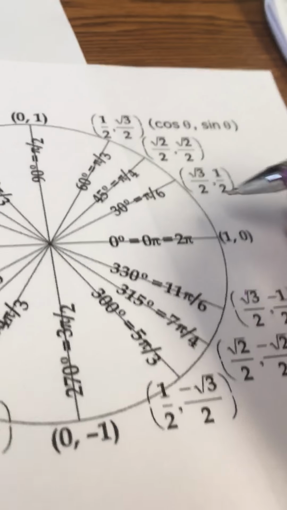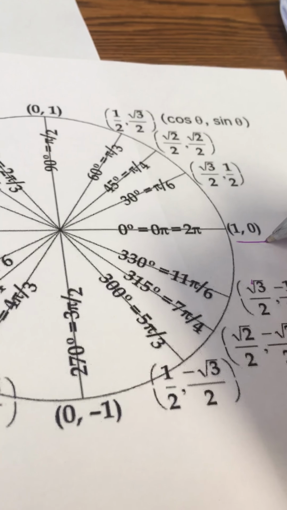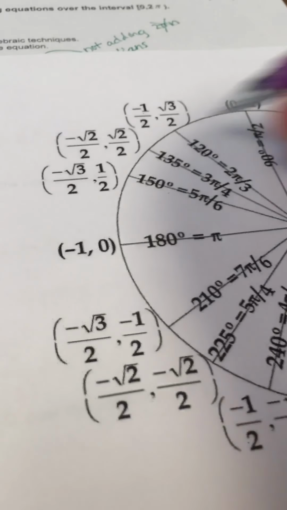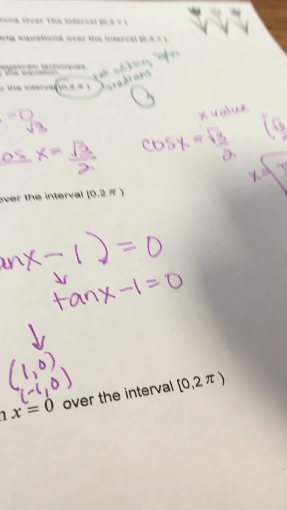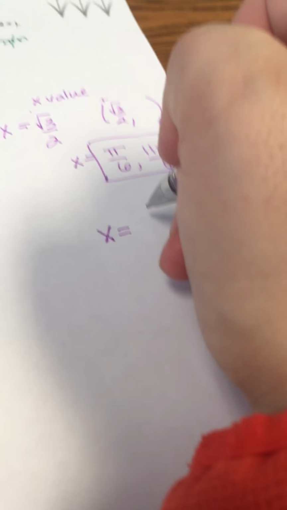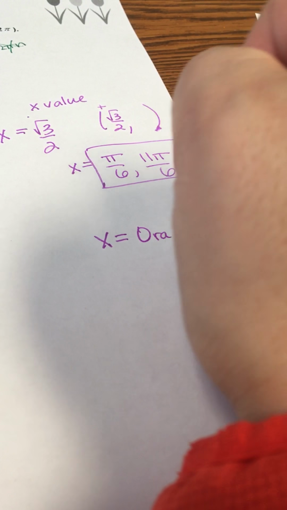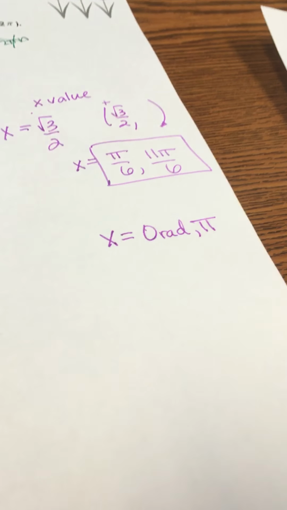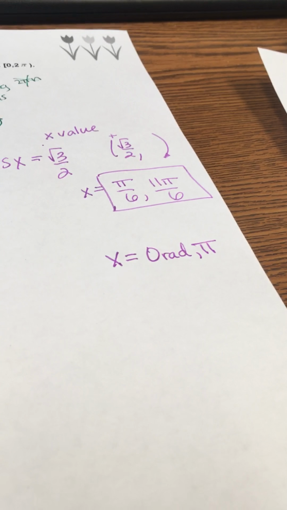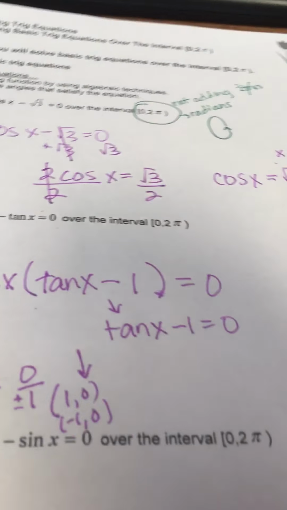So for those in terms of radians, that does happen at 0. That happens over at 180. So so far my answers are at 0, pi radians. That's for the first part of it.